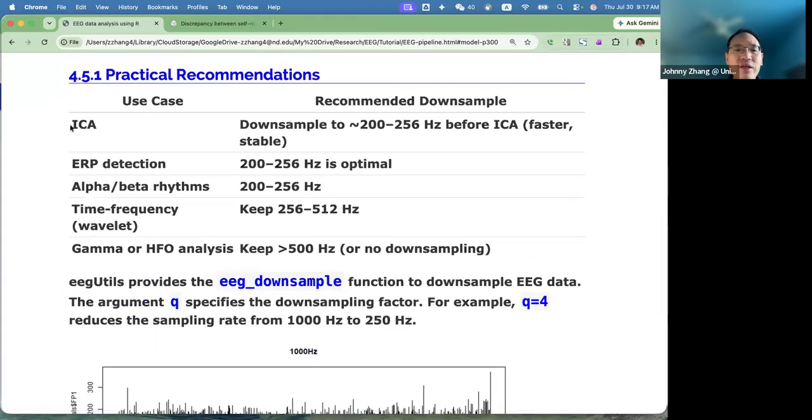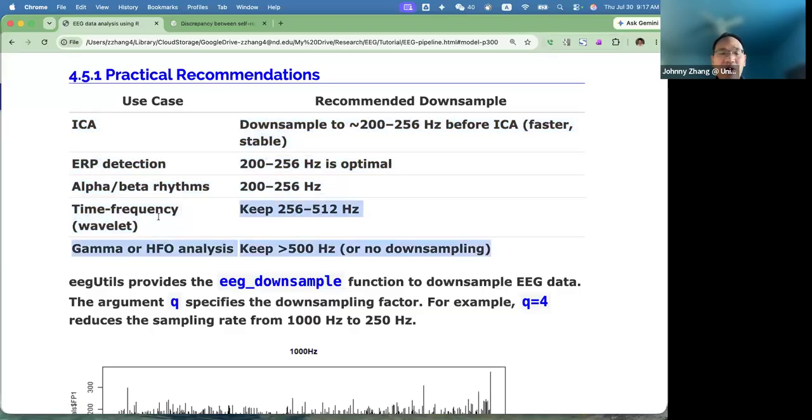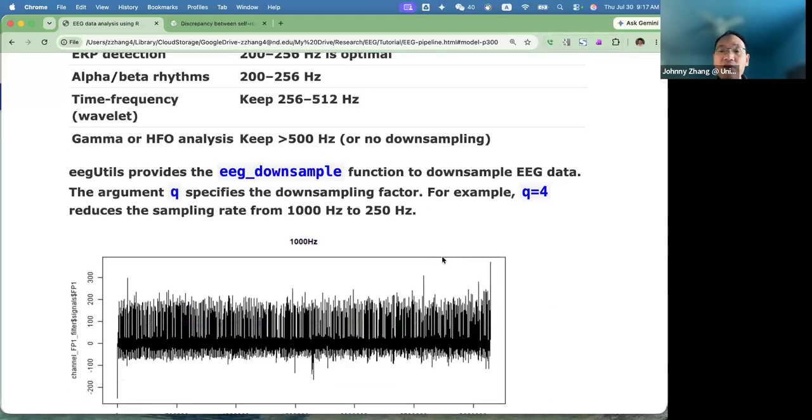Here is a list of recommended sampling rates for different types of data analysis. You can use this to decide your downsampling factor. Here I use a factor of 4 to downsample my data from 1000 hertz to 250.